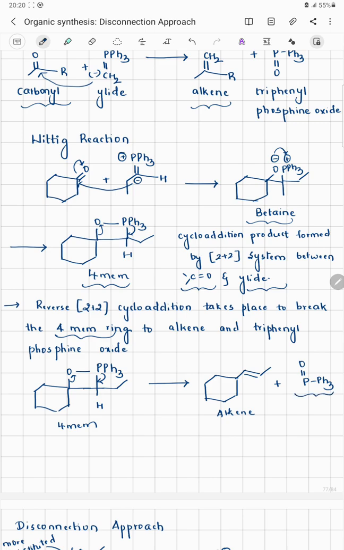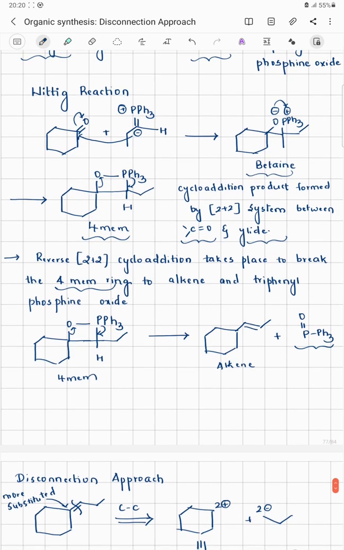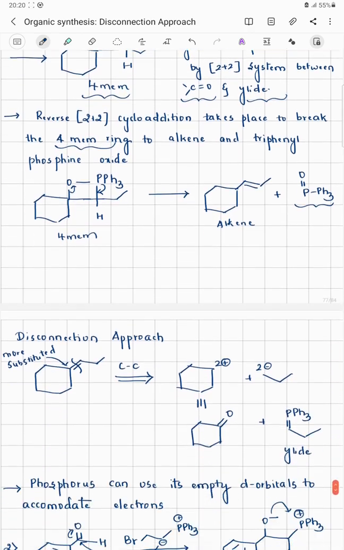So in this way, reverse 2+2 cycloaddition takes place and the 4-membered ring breaks down, so that one of the products will be an alkene system, the other product is called triphenyl phosphine oxide. So this is what is called a Wittig reaction. The intermediate involved in the Wittig reaction is called a betaine system.